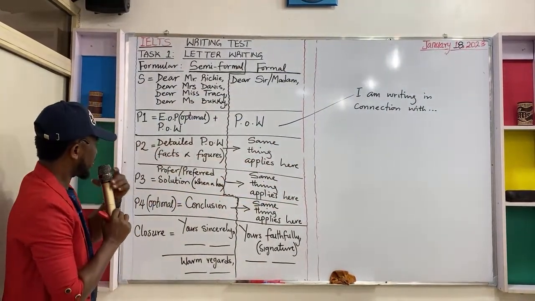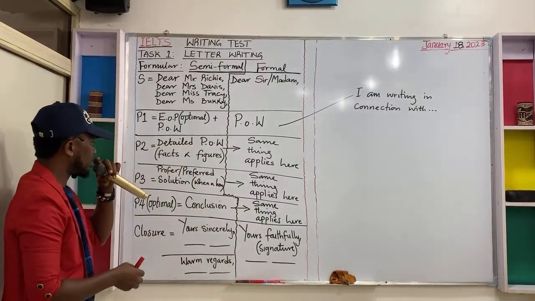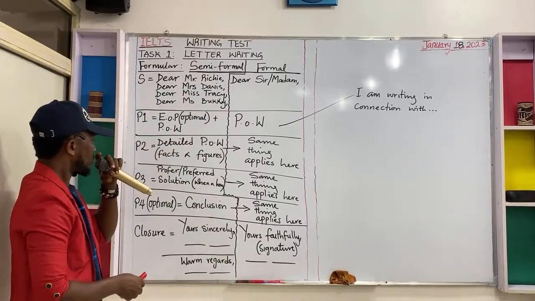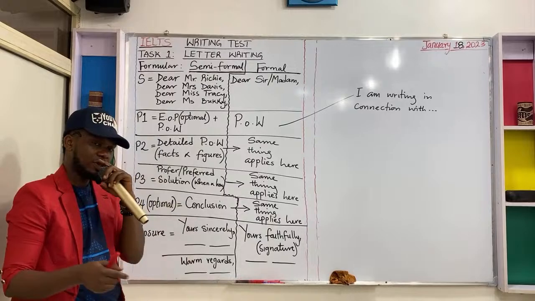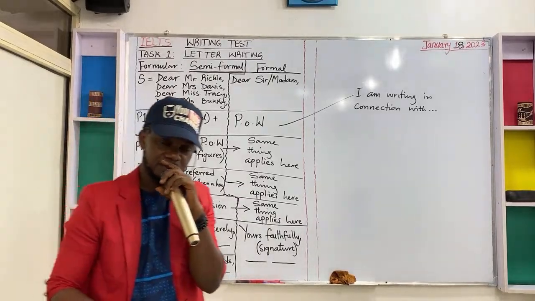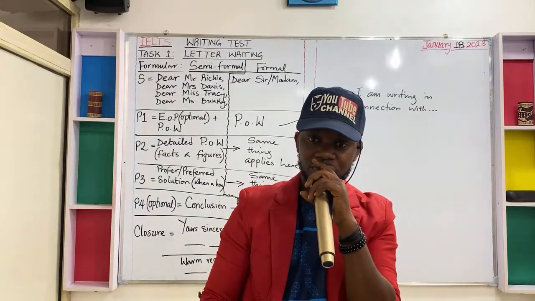Now let's proceed to paragraph 2. Paragraph 2, you bring in your detailed purpose of writing. So this is where you now express what you want from the person you're writing to, right?